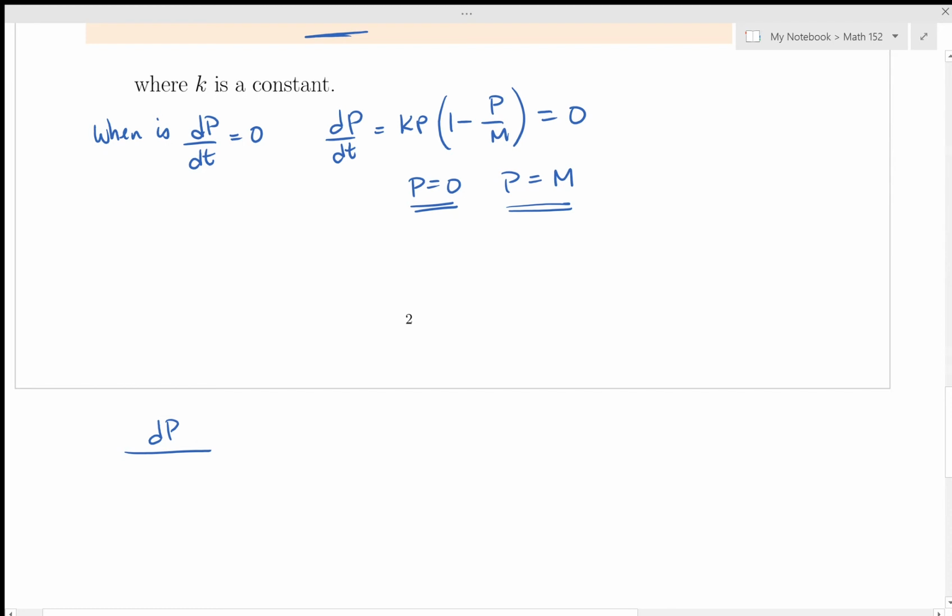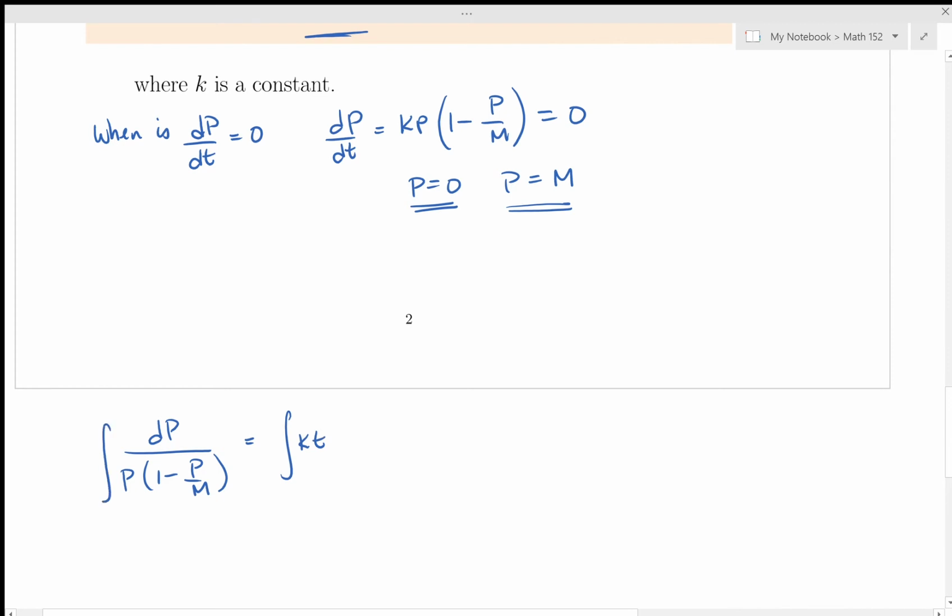Sorry, I'm going to take everything to do with p over to one side. I'm just not sure which side I put the constant on. I'm going to leave the constant on the right-hand side. So it's going to look like this: the integral of dp over p times 1 minus p over m is equal to the integral of k dt, integral on both sides.